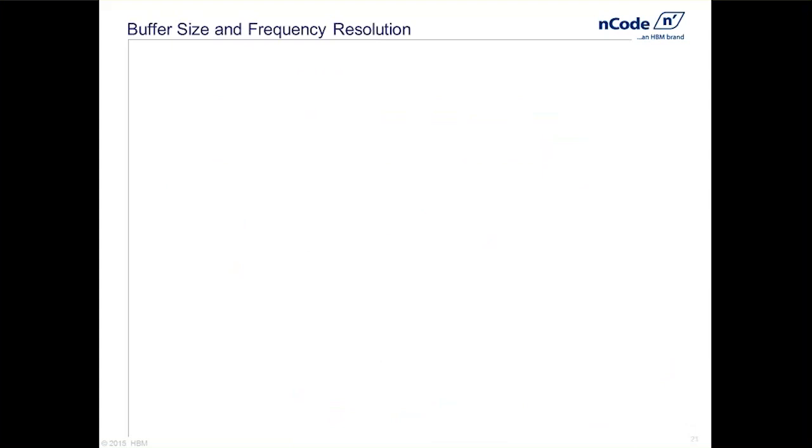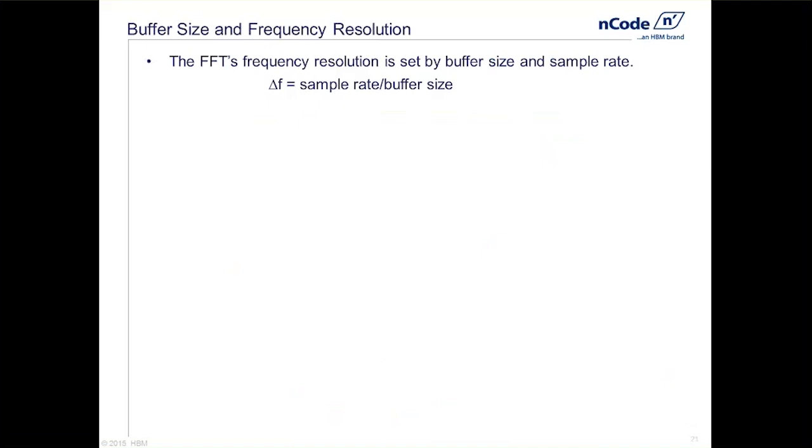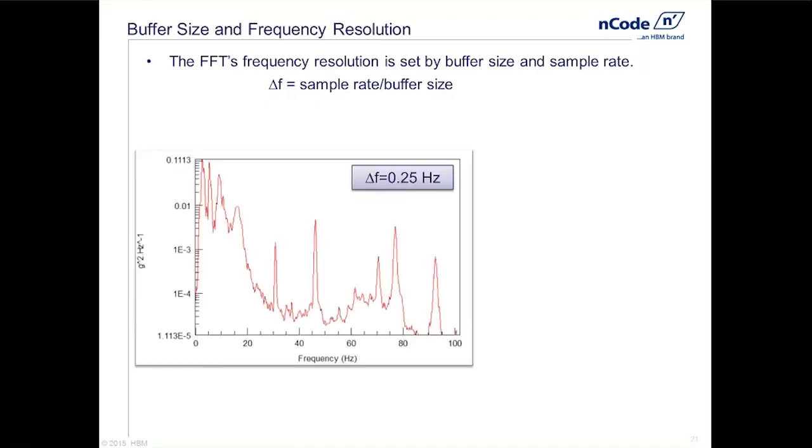Let's talk a little bit about some properties that control our buffer size. To start with, the resolution is going to be driven by the sample rate of our original time series data and the buffer size. So if we take sample rate divided by buffer size, that gives us our spectral resolution. When you look at a PSD like this, in most cases, the max frequency value on the horizontal axis is going to be the Nyquist frequency, which by definition is just half of your sample rate.